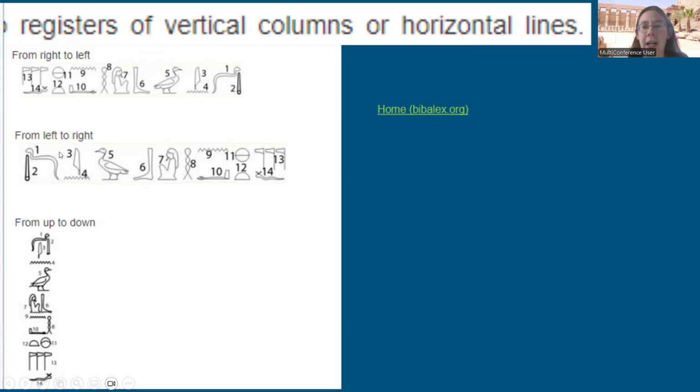You can also have the same general direction, so still going across, but the line of text meant to be read from left to right. So you start at the left side and you end at the right. How do you know to do left to right instead of right to left? Find the direction the people or animals are facing.